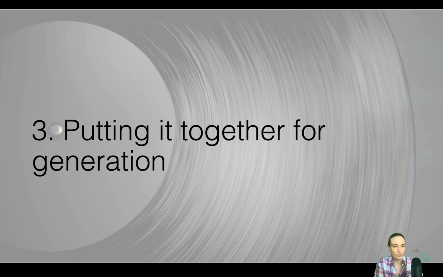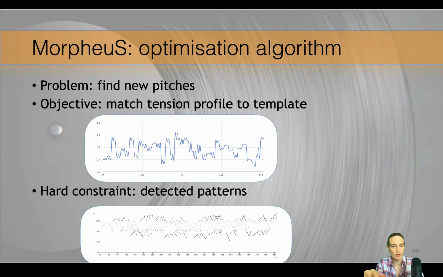Right, so we can now measure tonal tension, we can measure long-term structure. So how does MorpheuS put it all together for generation? We define our problem as we need to find new pitches, but we constrain ourselves to using the same repeated patterns.